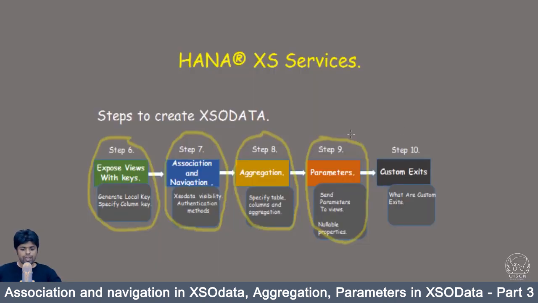So now we have completed the step 9 of creating XSOdata. Let us go to the step 10, and step 10 is customer exits. So what are customer exits? There will be particular built-in functionality in XSOdata for creating a record, deleting a record, and updating a record.